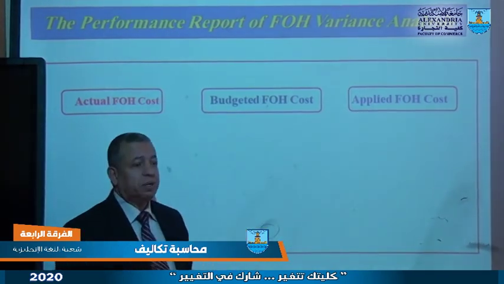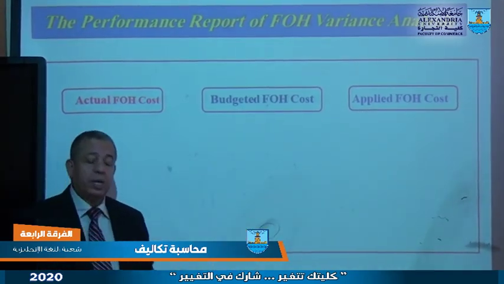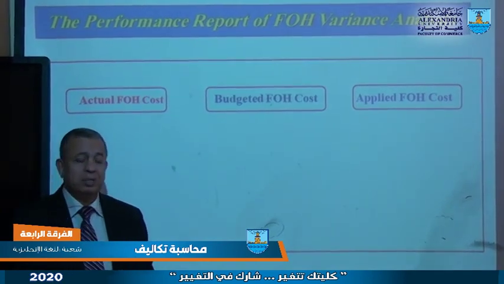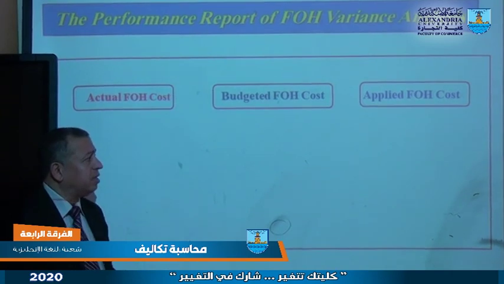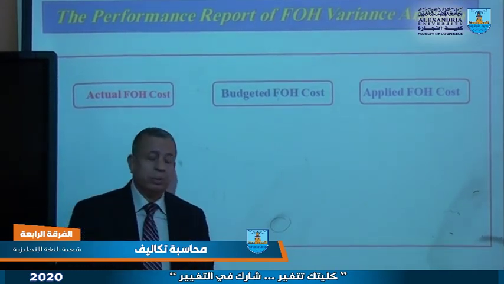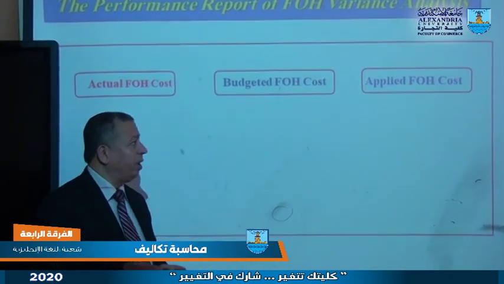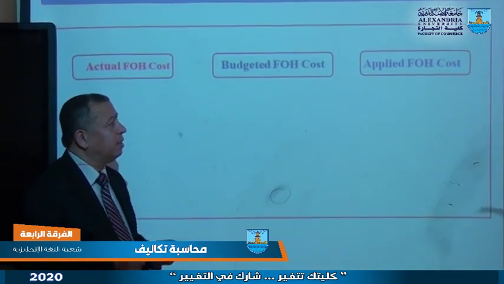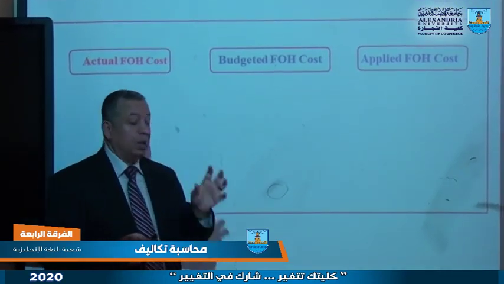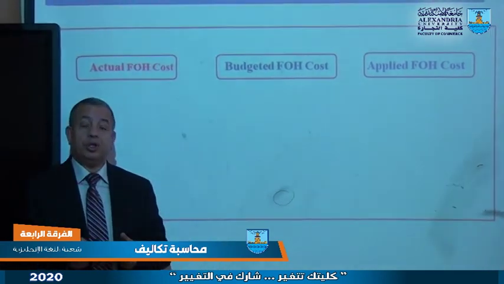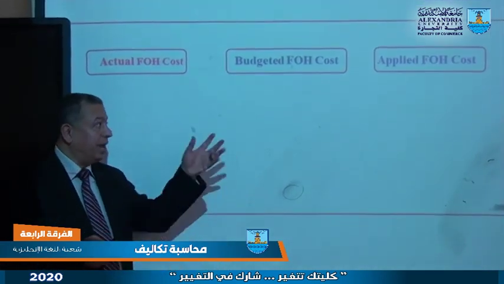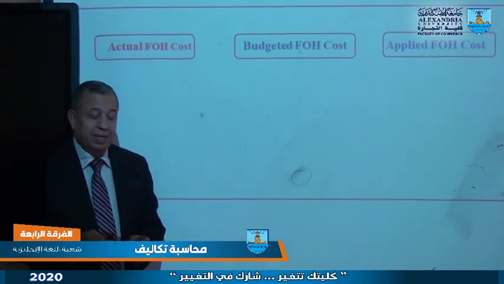If you remember, in third year in cost accounting principles, when I prepare and calculate the job order cost, I mean, how to calculate the applied overhead, how to calculate the predetermined rate to allocate manufacturing overhead.